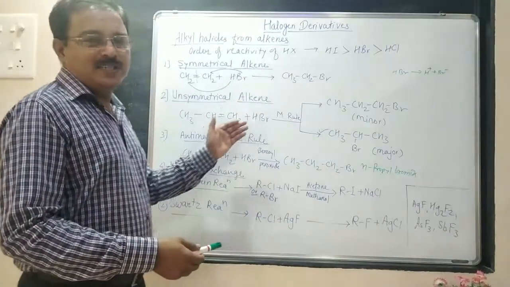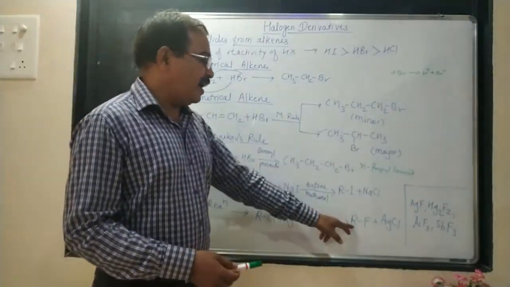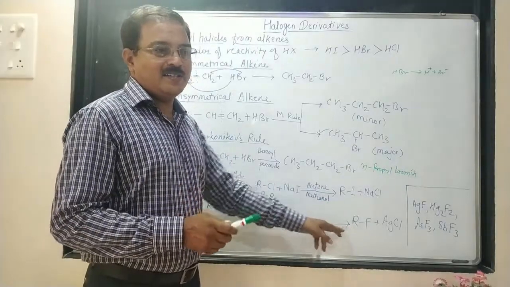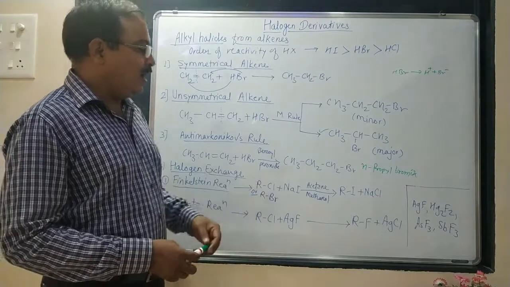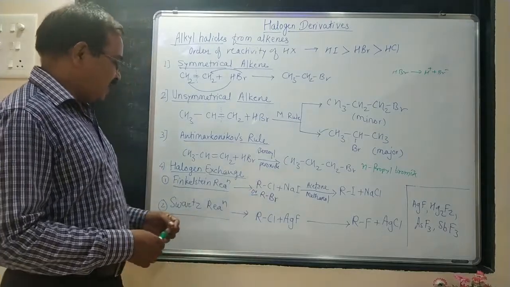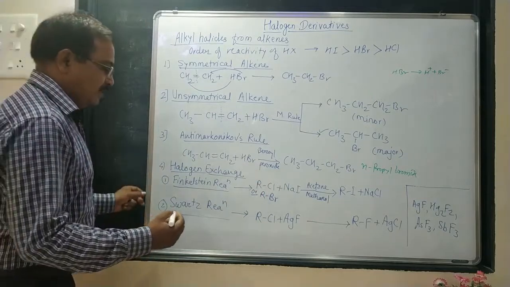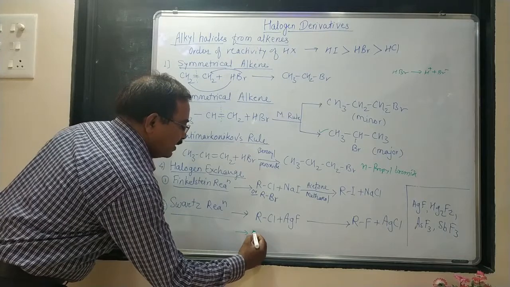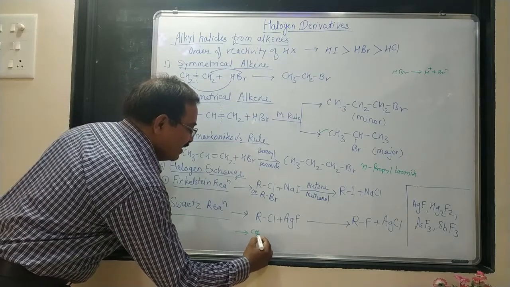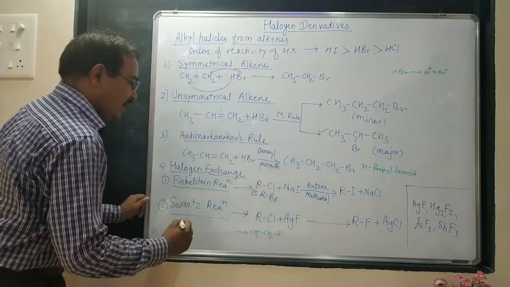We have studied some reactions where we cannot prepare RF. So this is the one reaction by using which we can convert alkyl chloride into alkyl fluoride. That reaction is called the Swarts reaction. Let us take one example. Suppose the question is asked in the examination: how will you prepare ethyl fluoride from an alkyl halide?